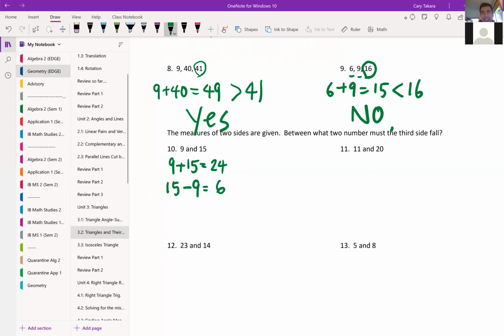That means it has to be bigger than 6. So let's answer: it has to be between 6 and 24. Any number you pick between 6 and 24 would work. If you go beyond that, or if you go lower than 6, it's not going to work out.